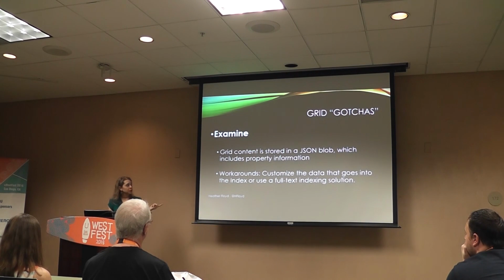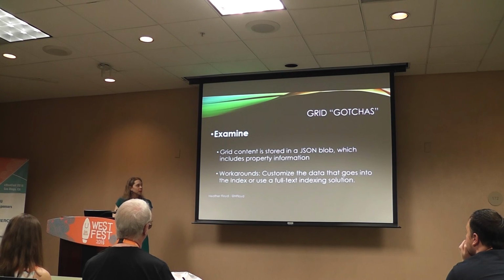However, the workaround for this is you can customize data that goes into the Examine index. There are events that you can tap into, interrupt them essentially, and you could do things like use the Skybread Pro data model and do your own custom parsing of grid controls to put things into the index with proper property names.